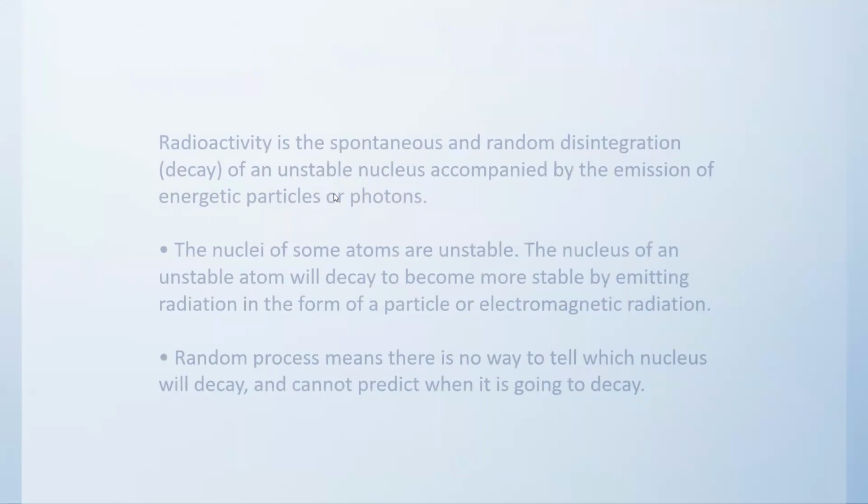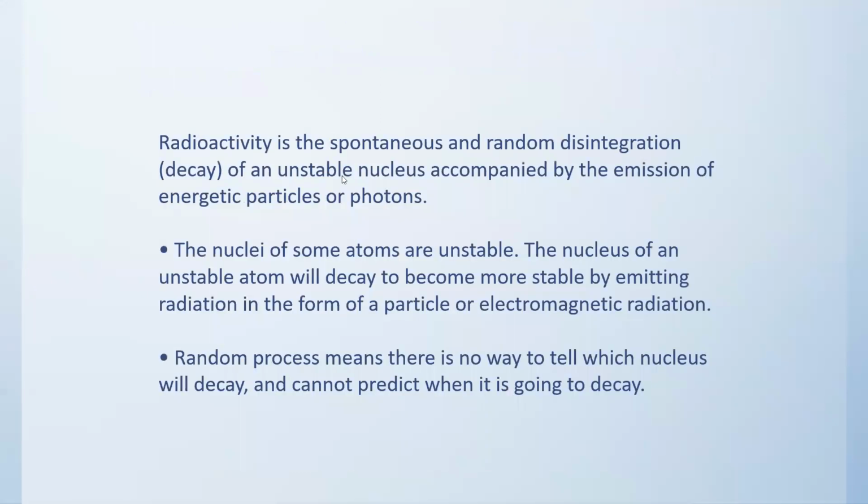Then the term radioactivity. Radioactivity means the emission of radiation by unstable nuclei, because the nucleus is very small. As the number of particles increases, the nucleus becomes unstable. It will have many protons and neutrons inside, so it will be highly populated and unstable.